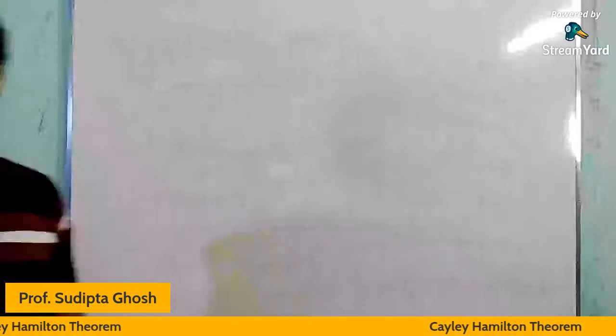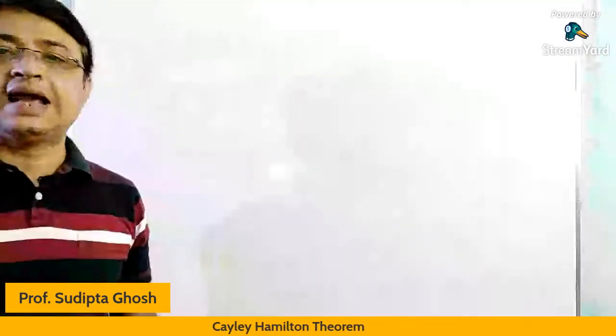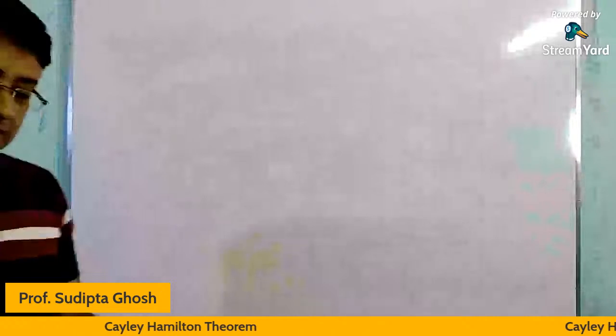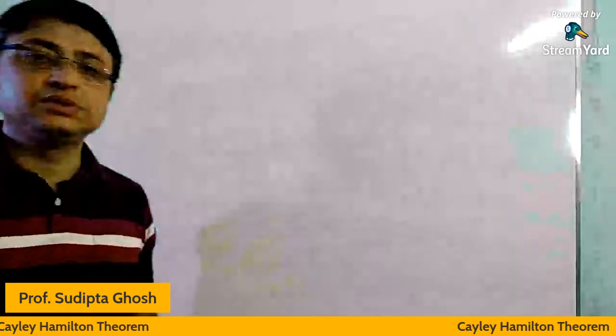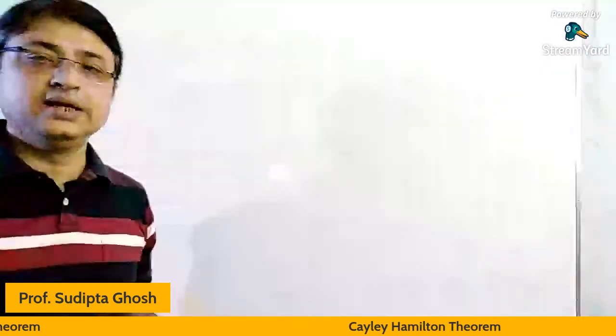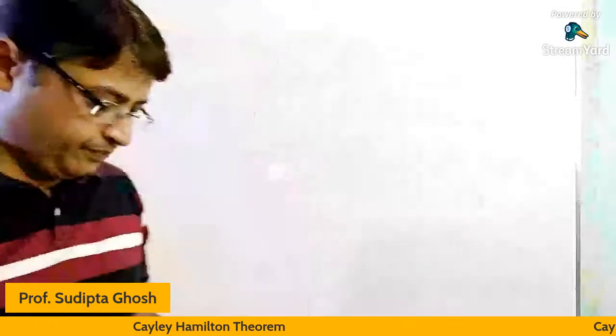So now we are going to discuss the Cayley-Hamilton theorem, and to discuss the theorem, let's find out two terms: the characteristic matrix and the characteristic equation.